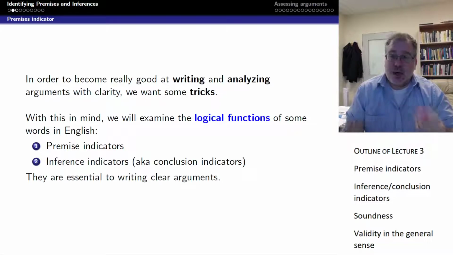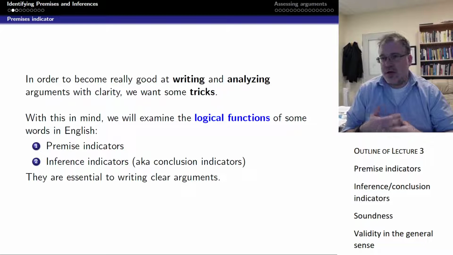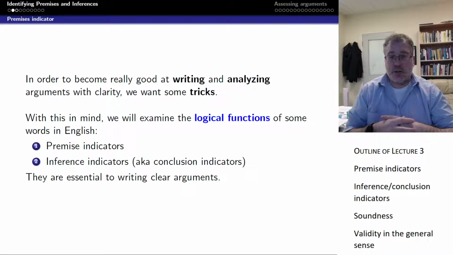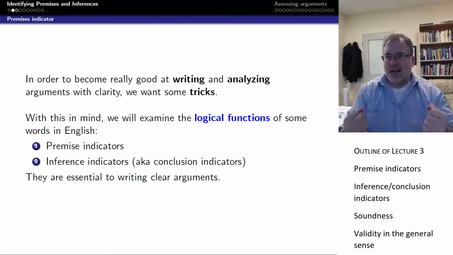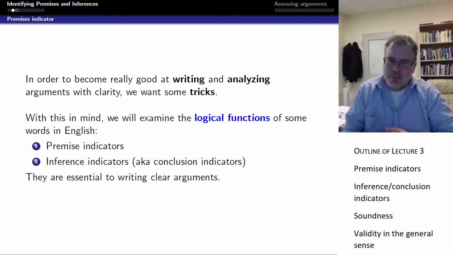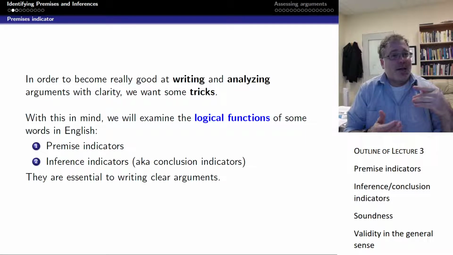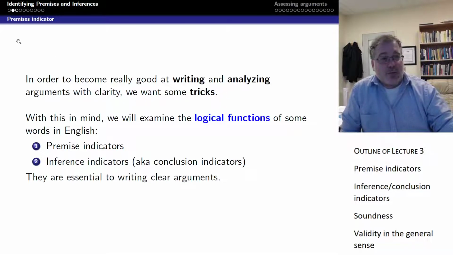Some are called premise indicators and others are called inference indicators, or you can use the name conclusion indicators. Both are used interchangeably. Using premise and inference indicators is essential to writing clear arguments. So when you're writing essays, if you want to write in a clearer way so that your readers really understand what you mean and what is the structure of your arguments, use plenty of those indicators. They will be invaluable for them.